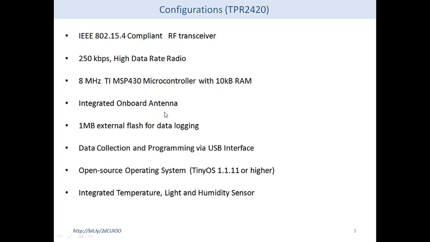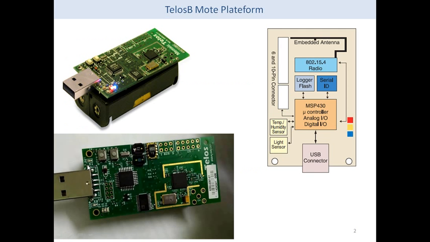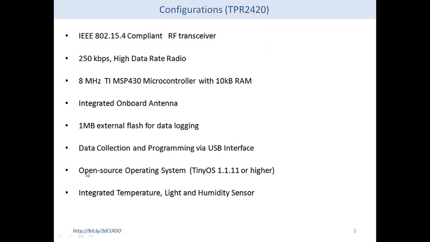An integrated onboard antenna is there, and 1 MB external flash for data logging. We have data collection and programming via USB interface. As you can see, the USB interface is provided, so you can directly plug into your system and collect any data, or you can program your hardware device using that interface also.